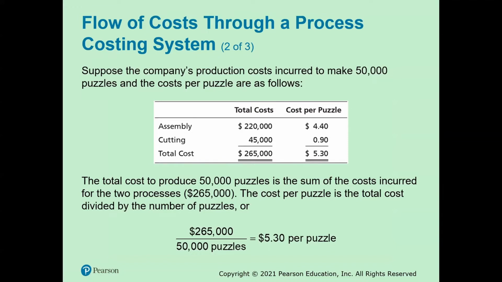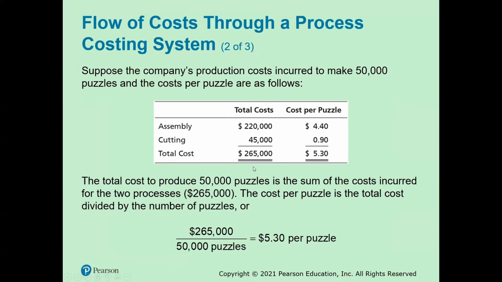So here you see, suppose the company's production costs incurred to make 50,000 puzzles and the costs per puzzle are as follows. For assembly, the total cost is $220,000 and the cost per puzzle is $4.40. The cutting cost is $45,000, and the cost per puzzle during that process is 90 cents.